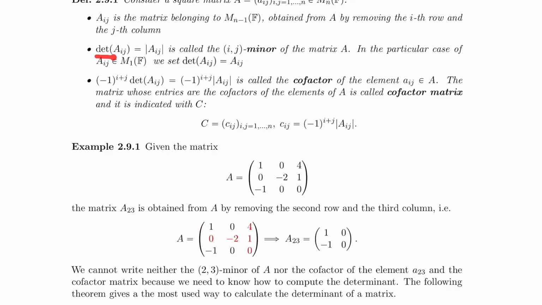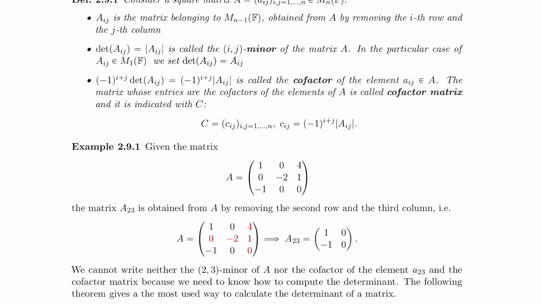The determinant of this smaller matrix is called the ijth minor of the matrix A. If the matrix Aij is a scalar, then its determinant is defined by the scalar itself.